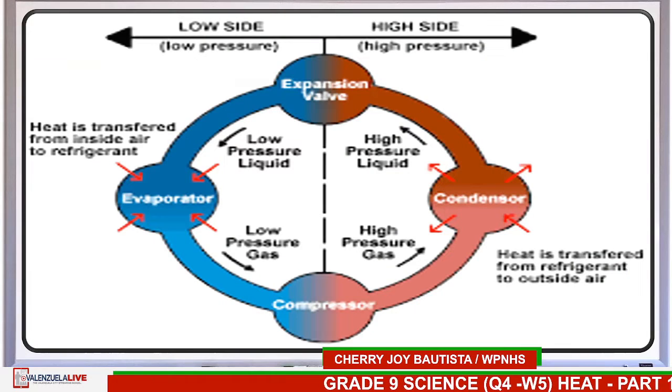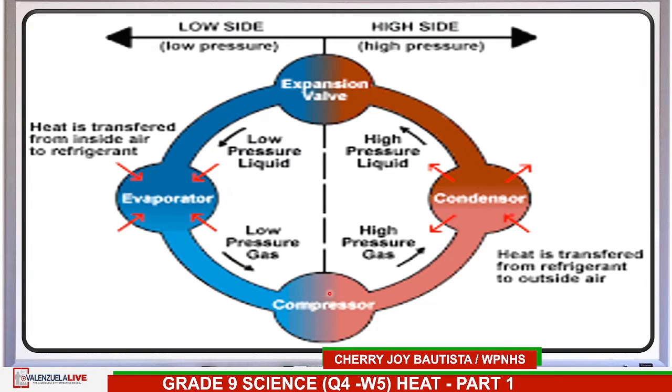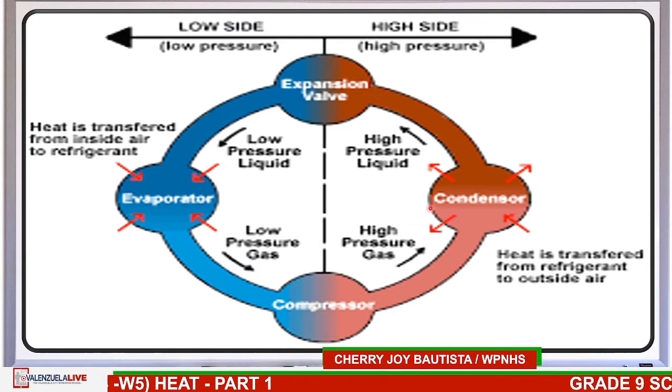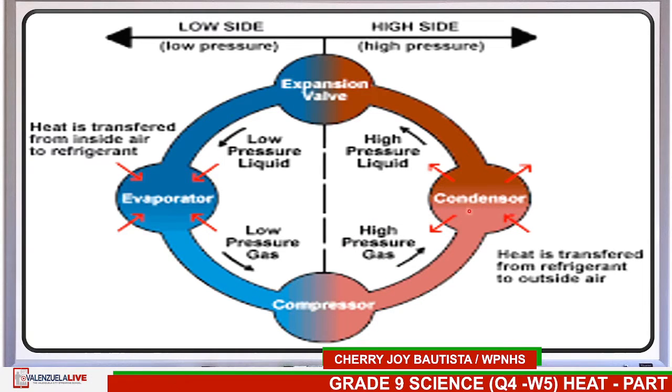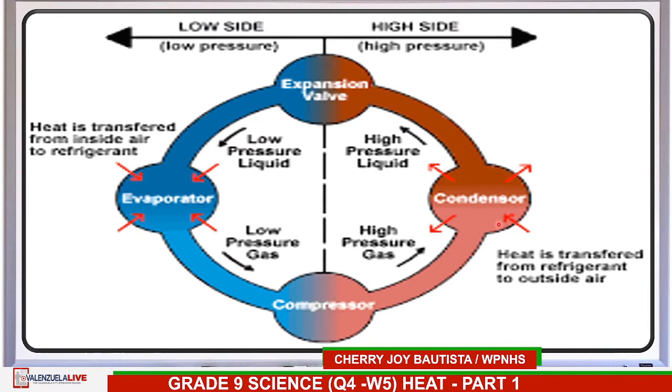The first step of the air conditioning process is the compressor starts to pressurize or compress the refrigerant or Freon. Then, this high-pressure and high-temperature gas vapor or Freon will go to the condenser. In the condenser, this high-pressure, high-temperature gas or Freon will change its form from gas to liquid.